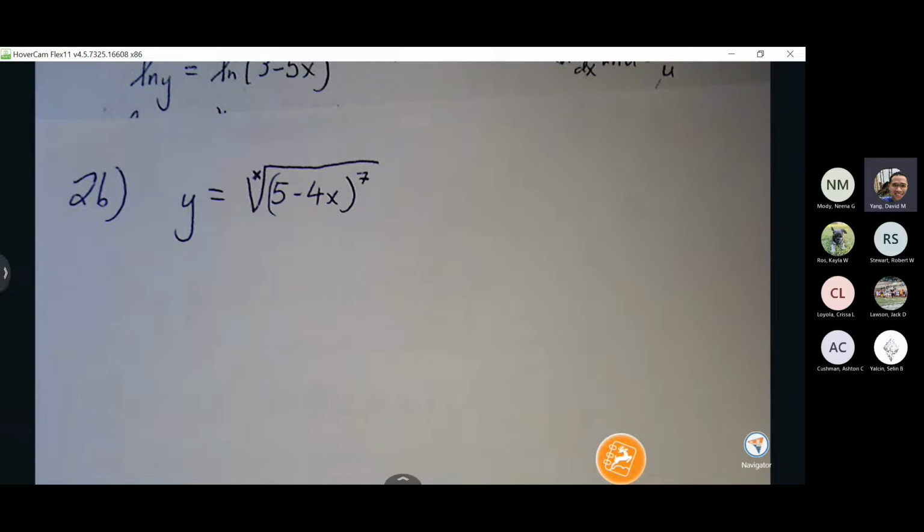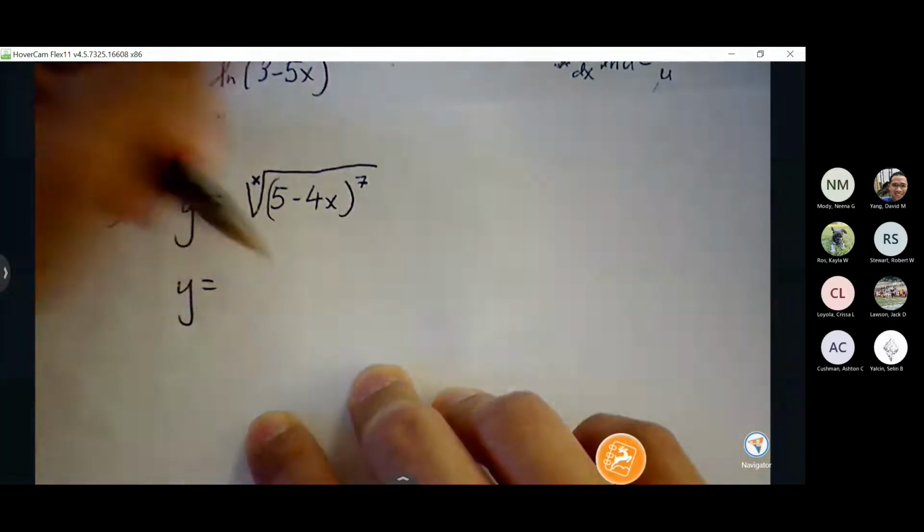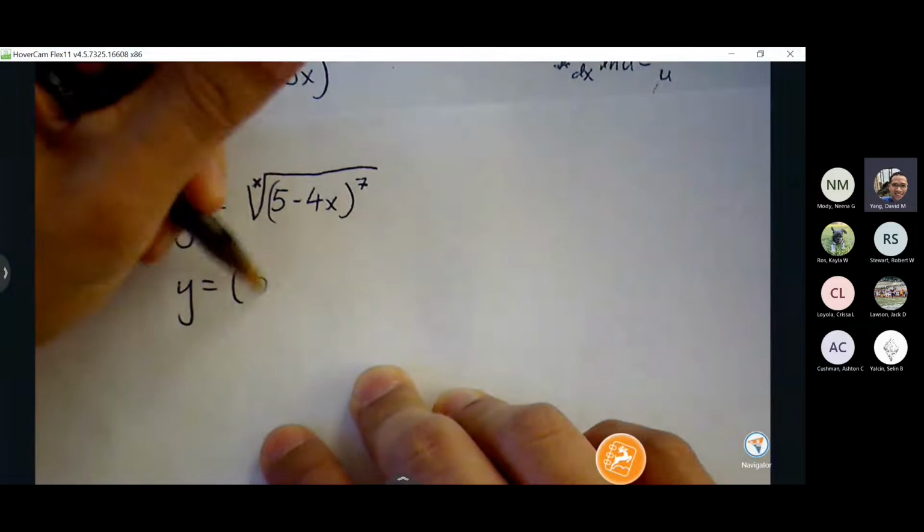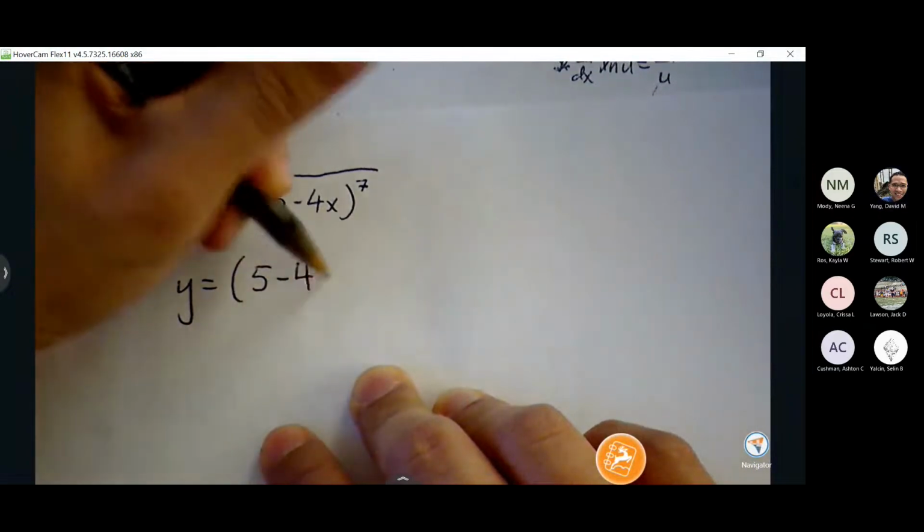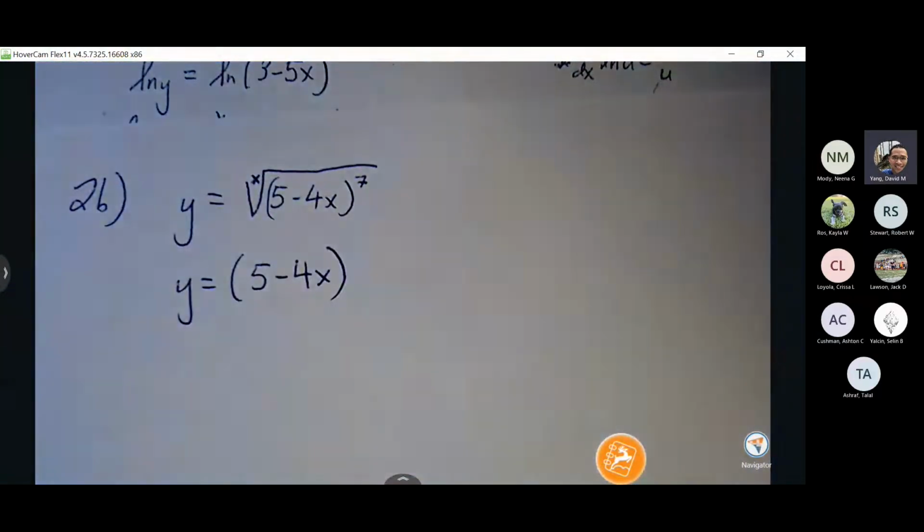How would you rewrite this problem? 5 minus 4x to the 7th to the 1 over x. Let's make it even cleaner here: 5 minus 4x raised to 7 over x.